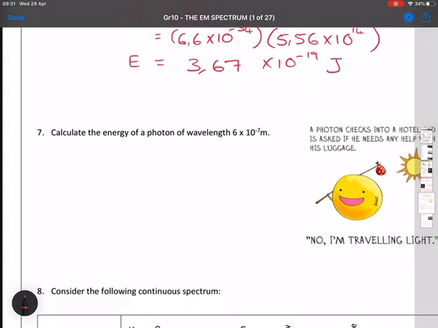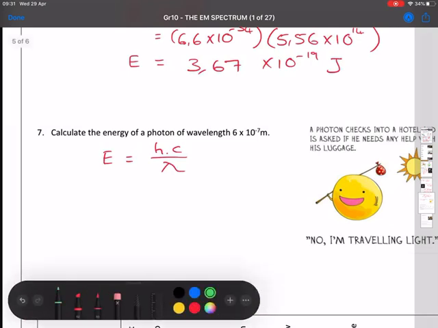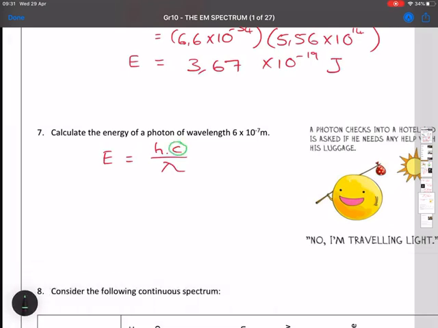Alright, calculate the energy of a photon with a wavelength of 6 times 10 to the minus 7 meters. We can use E is equal to h, Planck's constant, times the speed of light divided by the wavelength. Little side note that I didn't mention in yesterday's lesson. The value that we gave you is actually for the speed of light in a vacuum or in air. They're very similar.